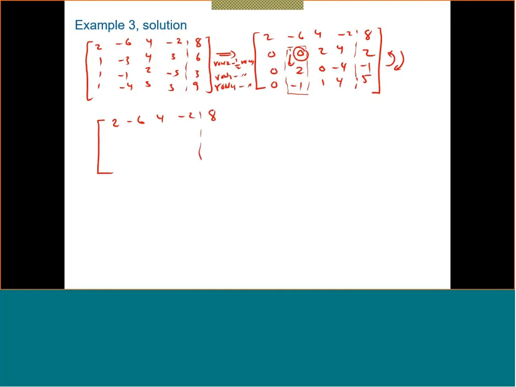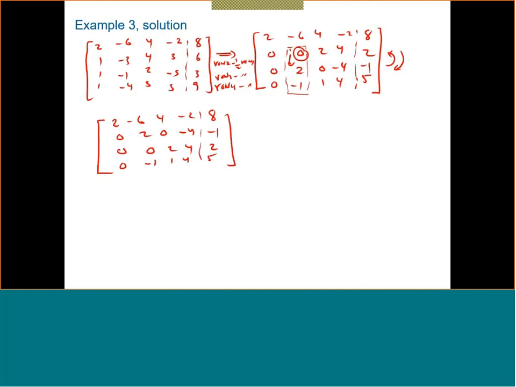Then I will have 0, 2, 0, minus 4, minus 1, 0, 0, 2, 4, 2, and 0, minus 1, 1, 4, and 5.